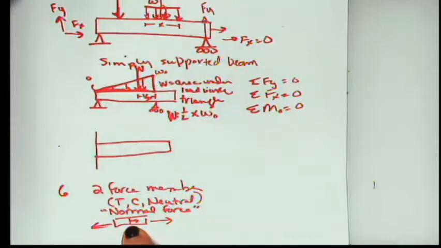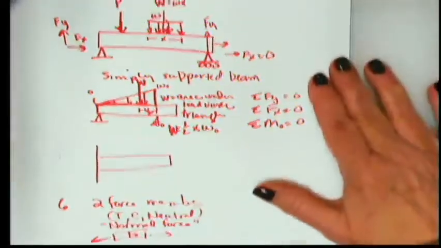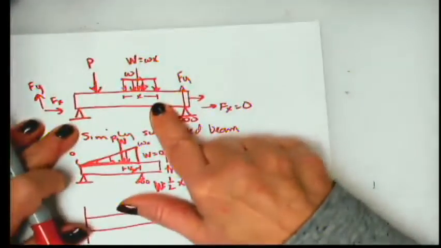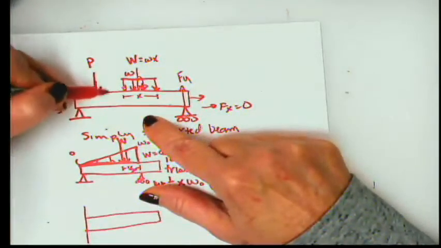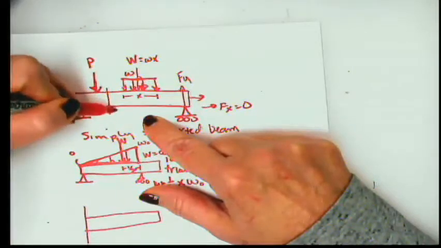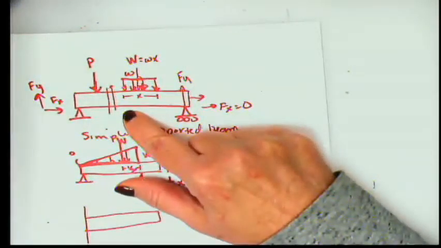Okay, so the direction of the load with respect to the structural member is what makes it normal, because it's perpendicular to the cross section. Well, if we have a situation like this, the load is not going to be perpendicular to that cross section, but it's going to be parallel to the cross section.